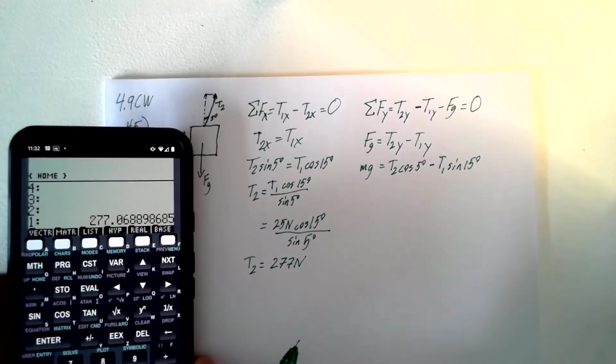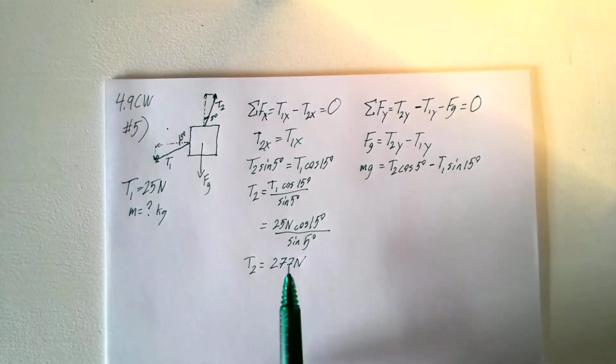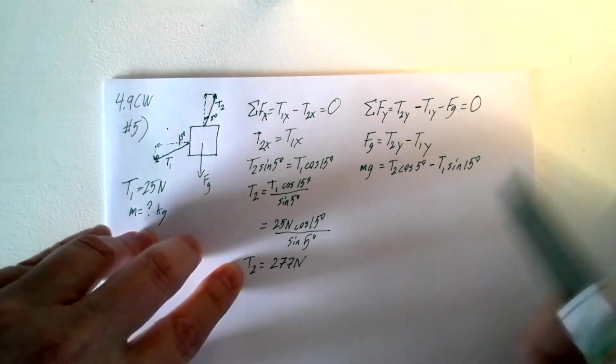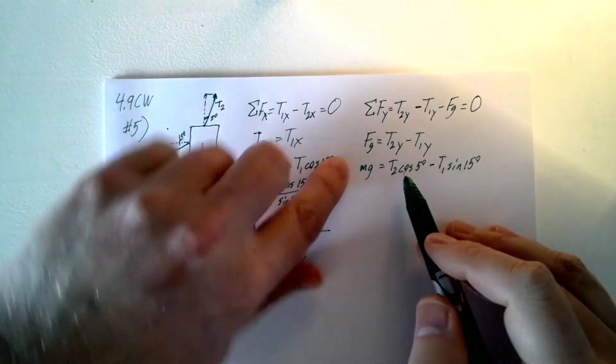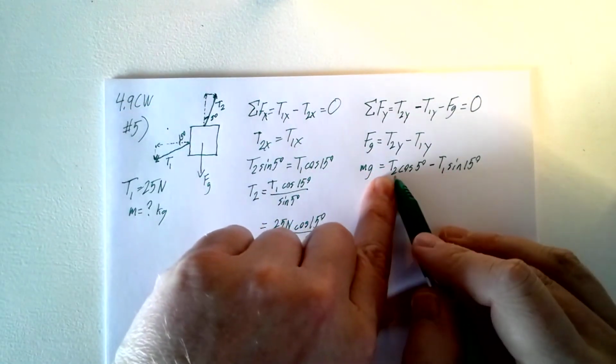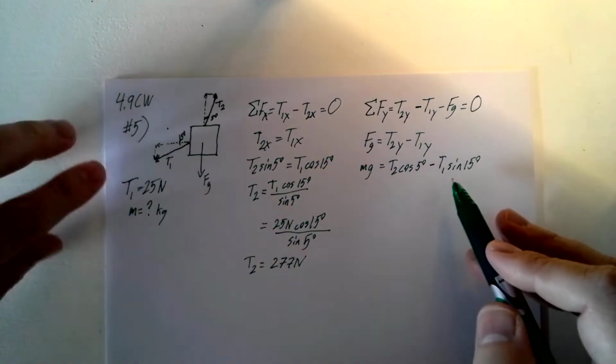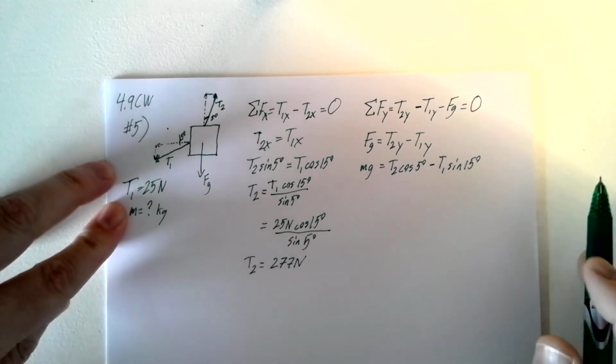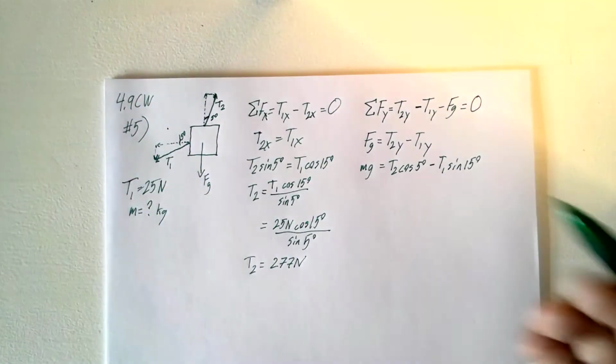Alright, so now that we have a value of 277, we have a value for T2. We look back over here, we want to find M. T2 we know, T1 we know, everything else is just numbers.